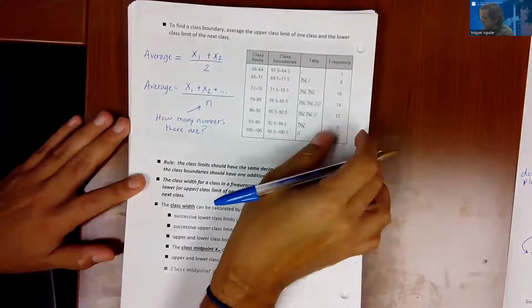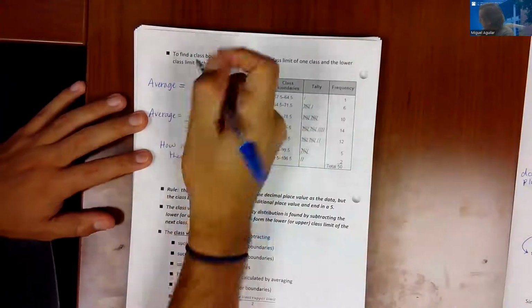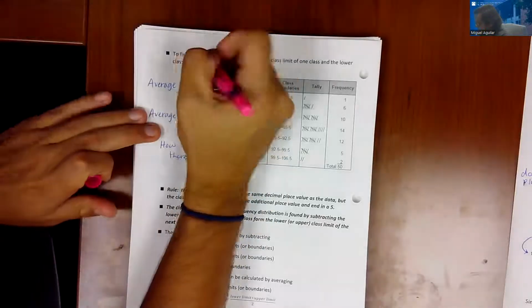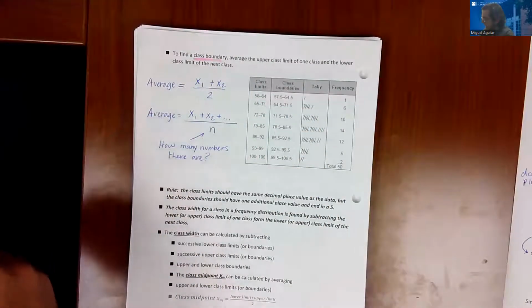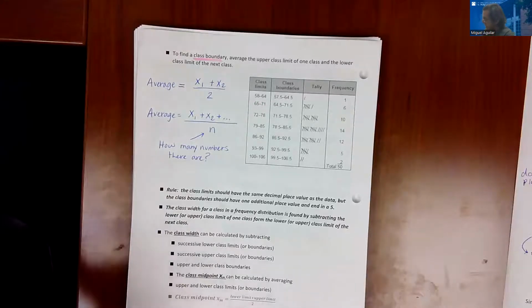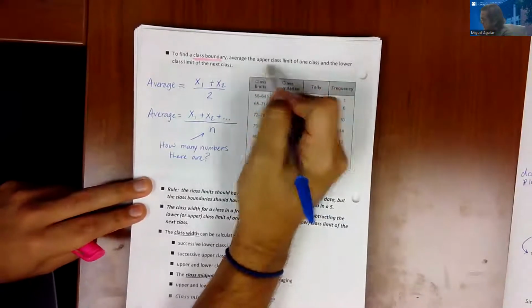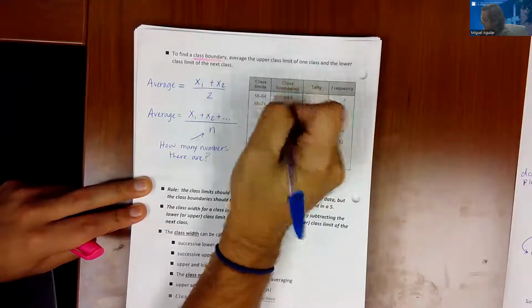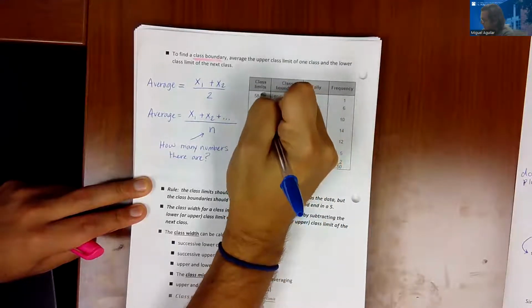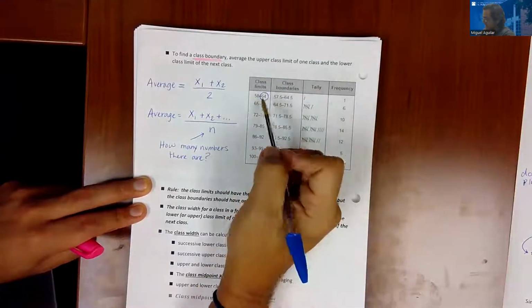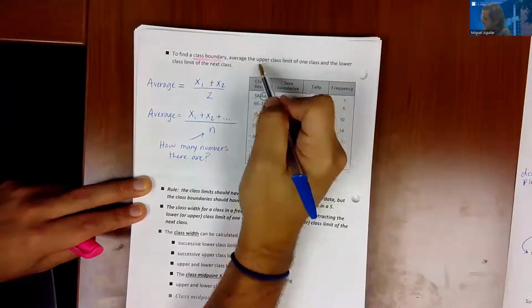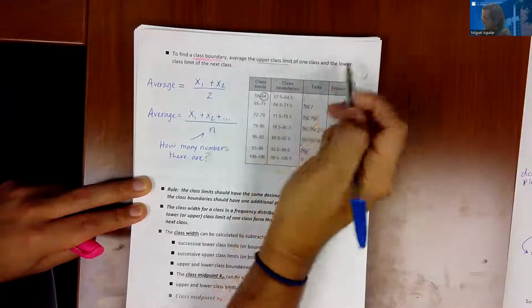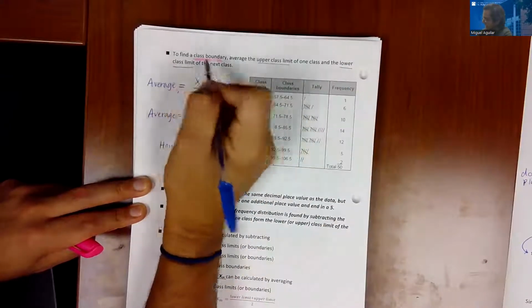For this particular thing, if we're just trying to find our class boundary, because they've already established these classes, then the class boundary is found by taking the upper limit of one of the classes and the lower limit of the next class.